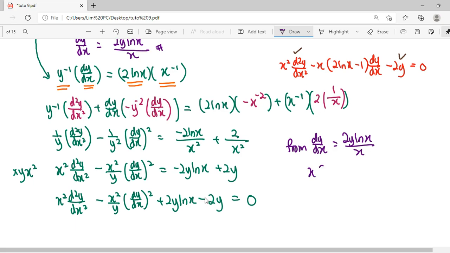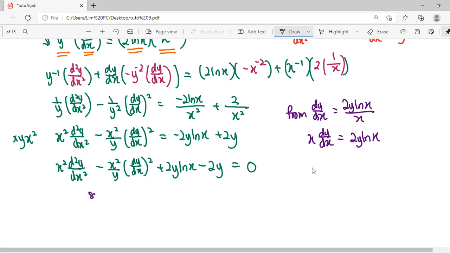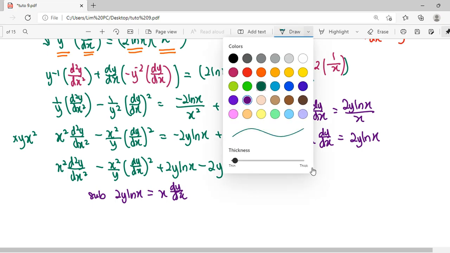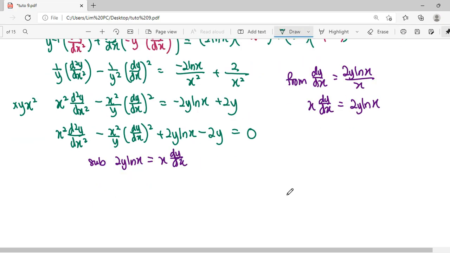So we move the x back to the left hand side, we get 2y ln x. So for this part, we can substitute 2y ln x as equal to x dy/dx. So slowly we multiply the second term here.